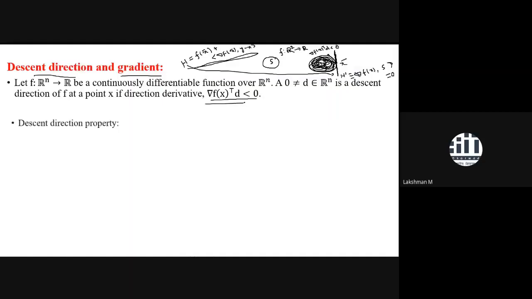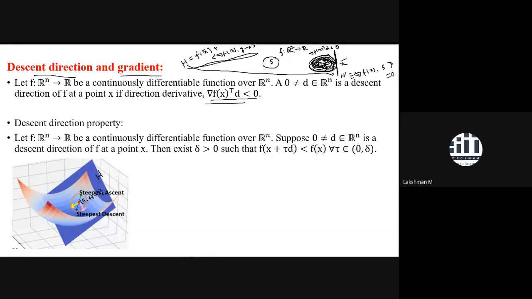So this is the geometrical visualization. This one is your supporting plane, simply call it the tangent plane at x bar. Suppose this point x bar, f of x bar is a point on the graph.